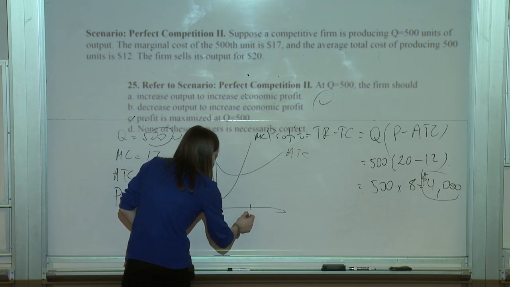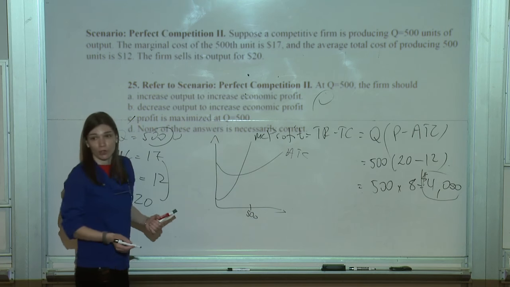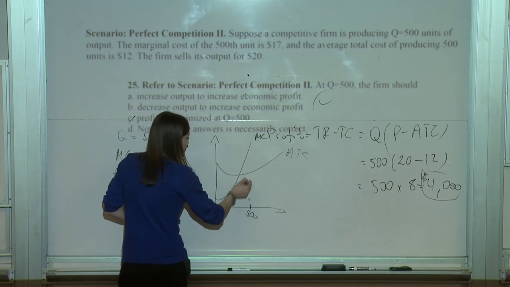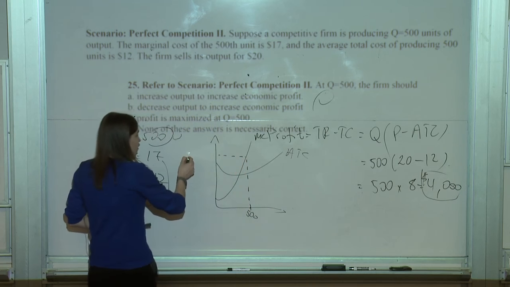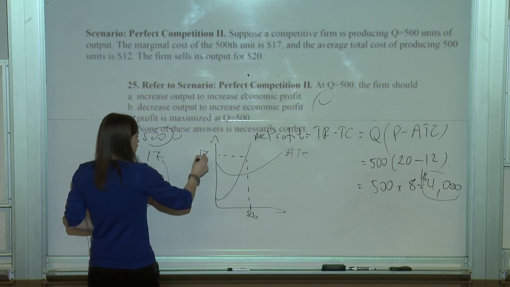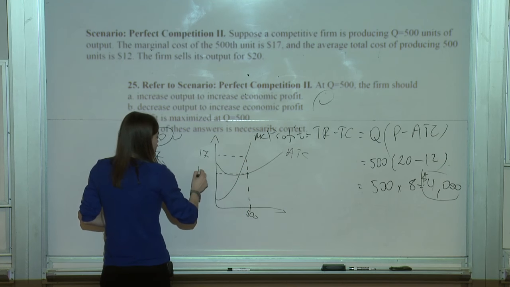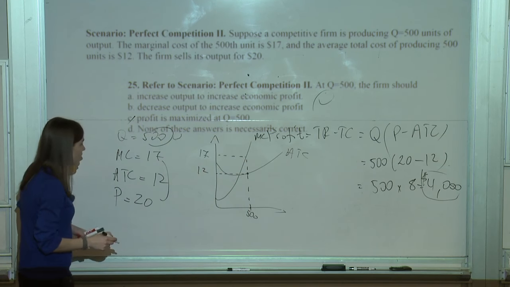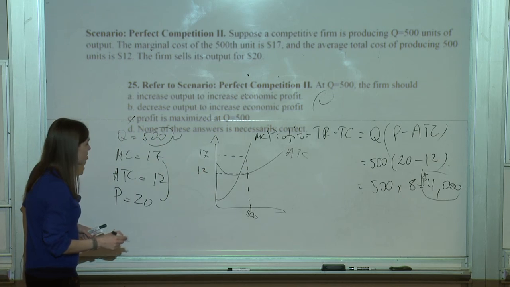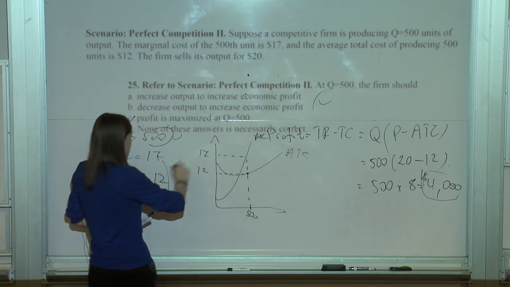At 500, let's say it's somewhere here, okay? We know that the marginal cost is 17. We know that average is 12. And we know that price is 20.